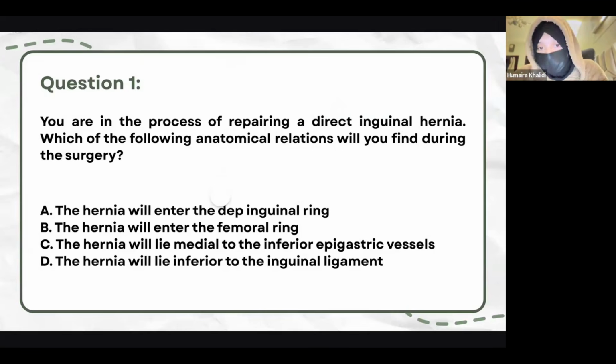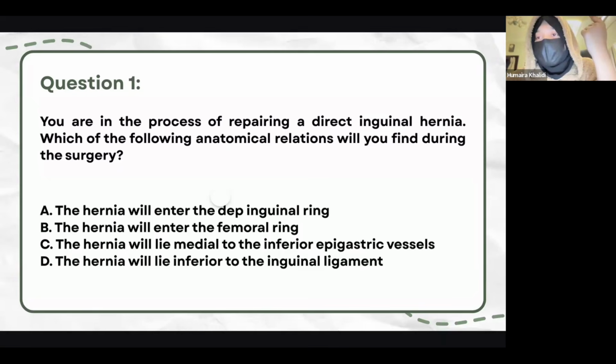What did we say are the borders of the Hesselbach triangle? We said the medial border is the rectus abdominis muscle, the inferior border is the inguinal ligament, and the lateral border is the inferior epigastric vessels. You might think, are you stupid?